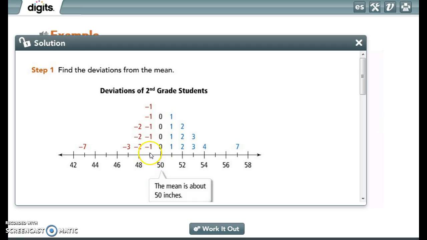Then for my values at 49, they were 1 to the left, so they all have a deviation of -1. Then I have -2 for my 3 values at 48, -3 for my value at 47, and -7 for my value at 43. And then the same thing occurs with all my data values on the right. So take a minute to fill out your deviations on your chart.